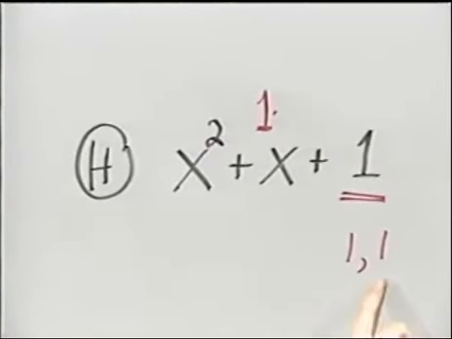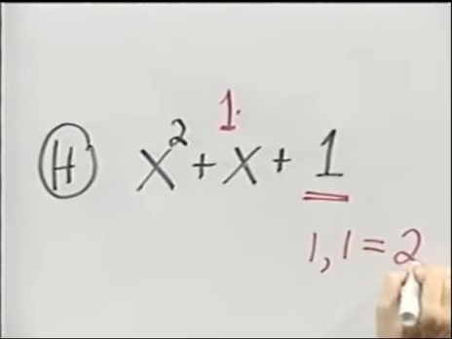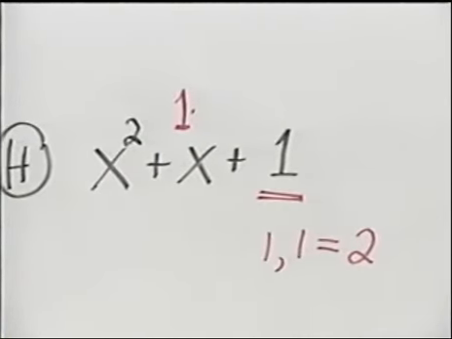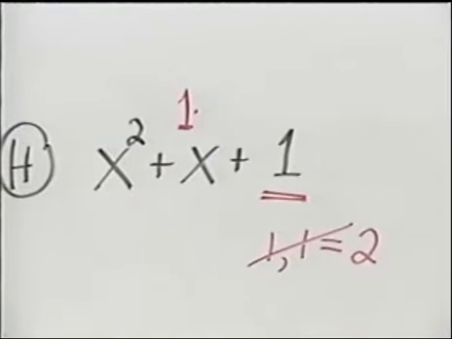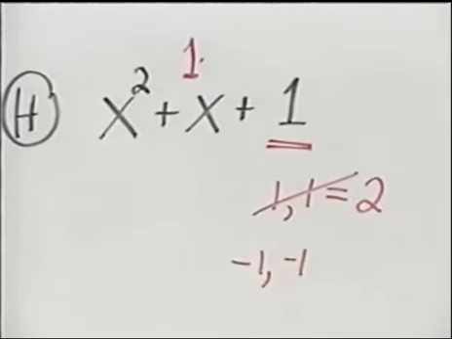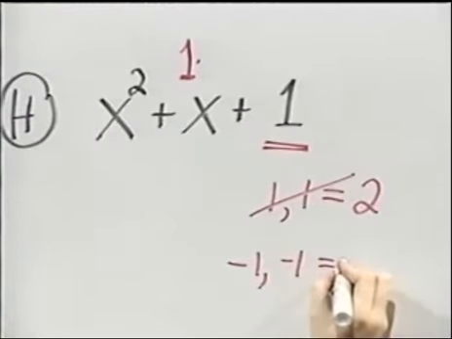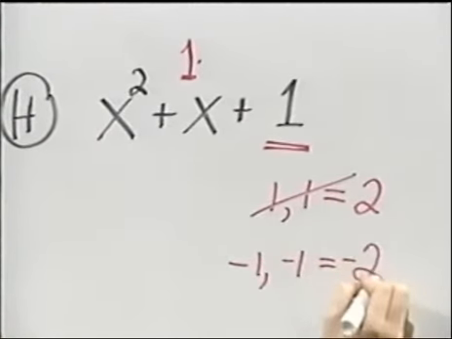But 1 plus 1 is actually 2, and that's not the 1 in the middle. So those numbers can't work. Well, you could also try negative 1 and negative 1, because negative 1 times negative 1 is 1. But again, when you add them up, you get negative 2, and that doesn't match my middle number 1. So they don't work. In fact, there are no two numbers that will multiply to give me 1 and at the same time add to 1.